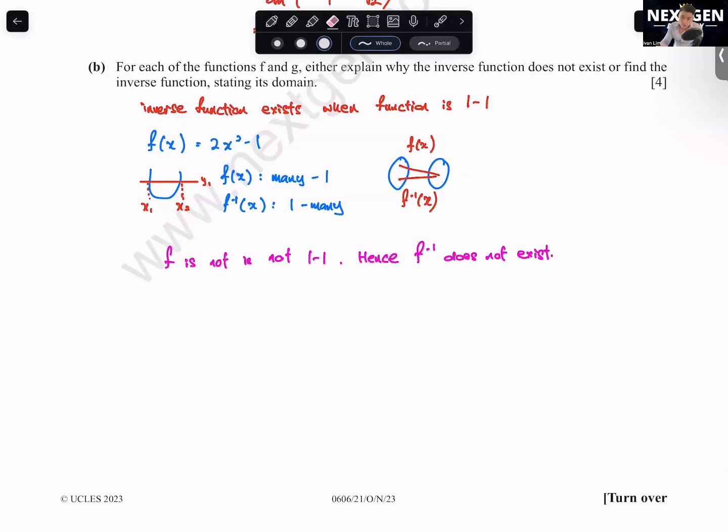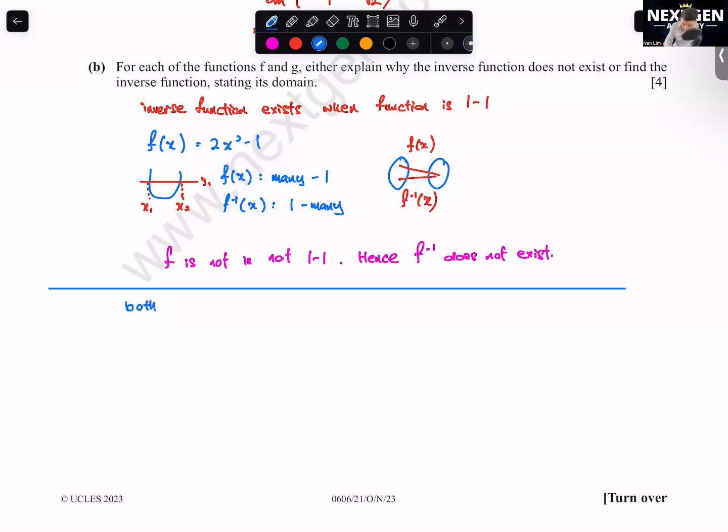So ln and exponential, what is their relationship? Also 1 to 1, right? So this one, yes, it has an inverse function, because both exponential and ln are 1 to 1 functions.